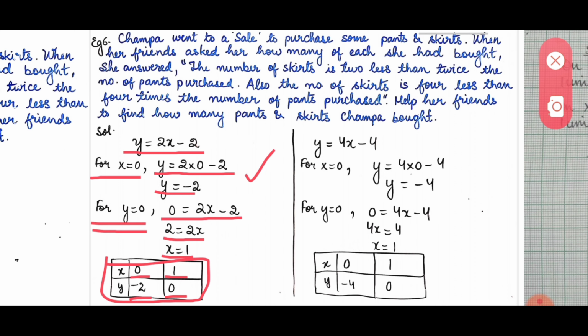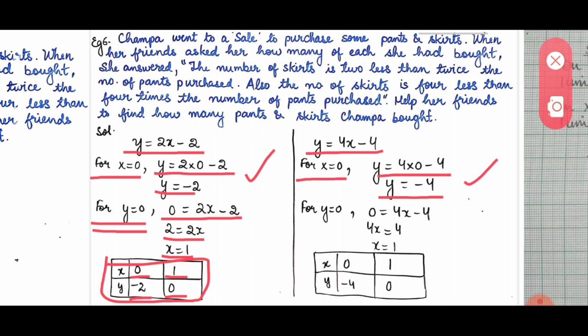Now let us find the points for the second equation, which is y equals to 4x minus 4. Now here you can see that for x equals to 0, the value of y will be 4 into 0 minus 4 or y equals to minus 4. Note it in the box.